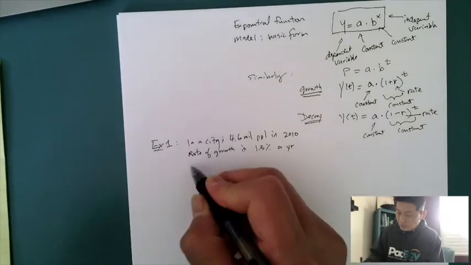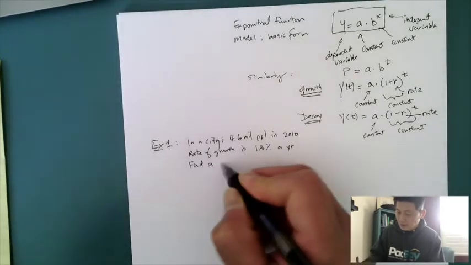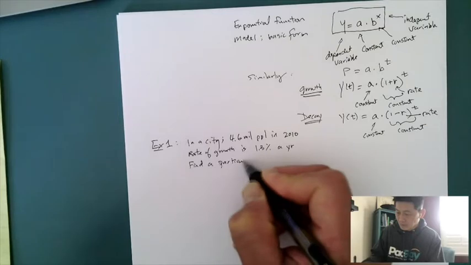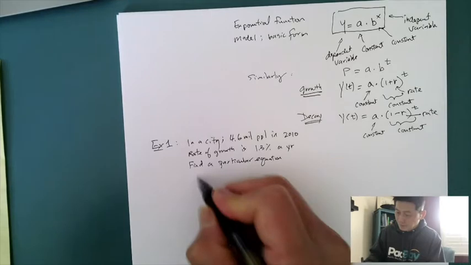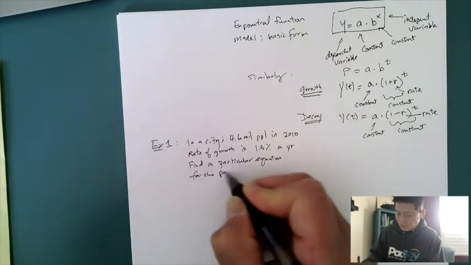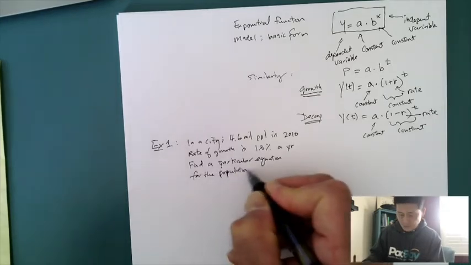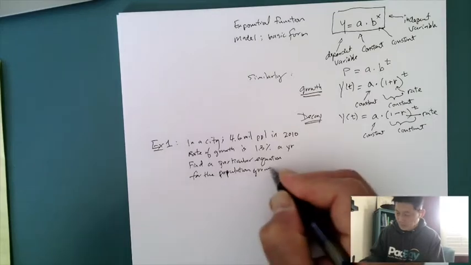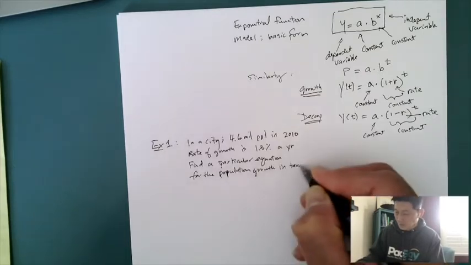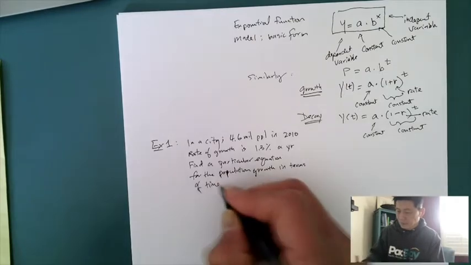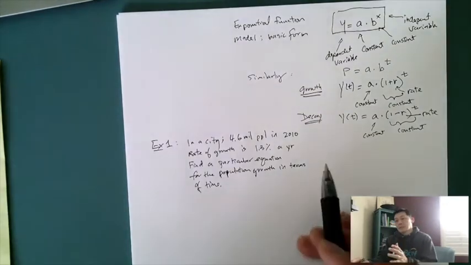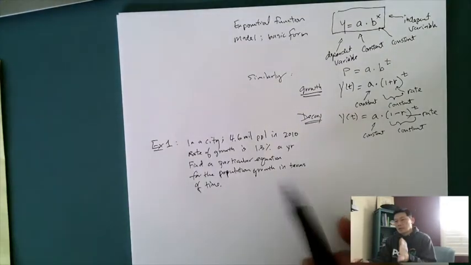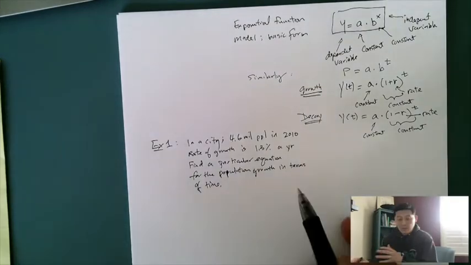And then the question wants you to find a particular equation for the population growth in terms of time. Now, sometimes a problem will be written as growth in terms of time or growth with respect to time, and either way it means the same thing.